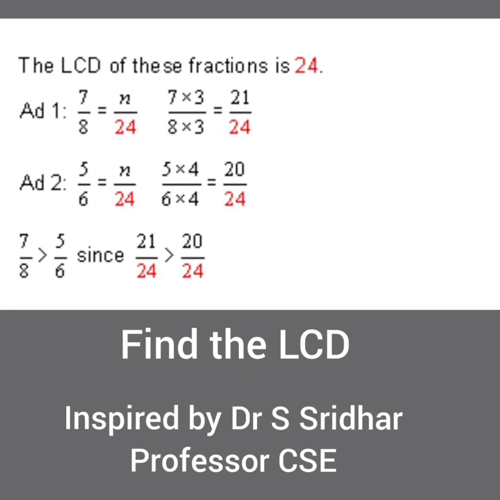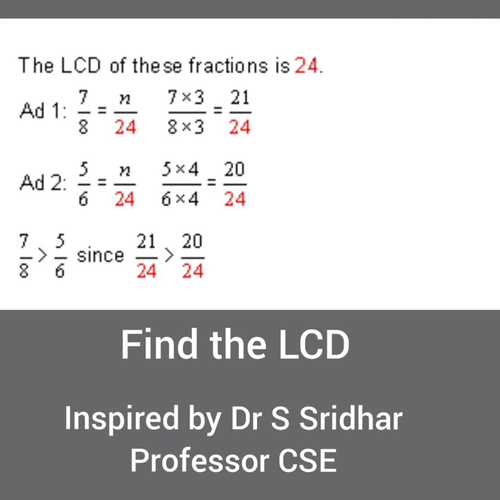Similarly, consider the other fraction 5 by 6, which is equal to n by 24. Thereby you get 24 divided by 6, that is 4. So multiply and divide by 4. You get 5 into 4 by 6 into 4, that is equal to 20 by 24.